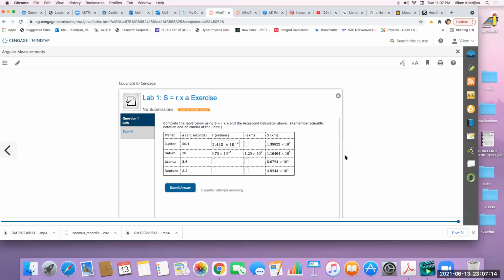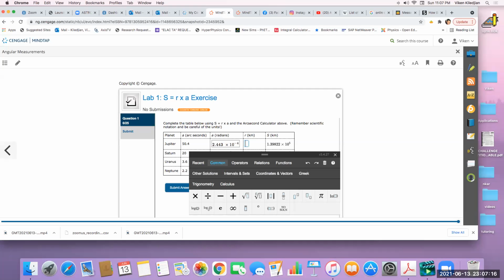Right? So then we'll have here 5.723 times 10 to the power 8 kilometers. Well, we don't need to put the units, because the units are already up here. You see?